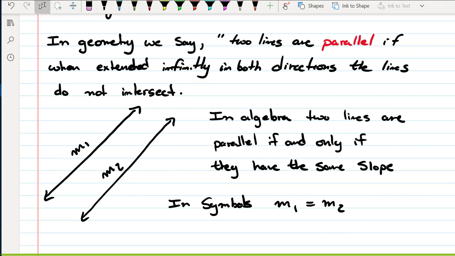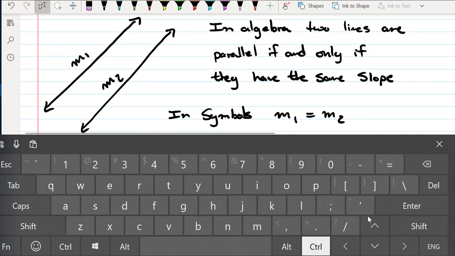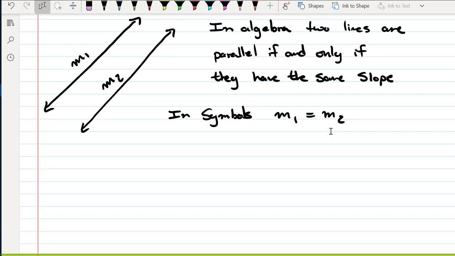We have another one that we want to talk about, which is perpendicular.